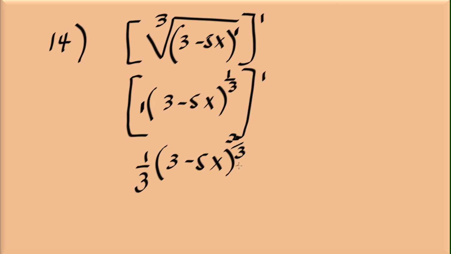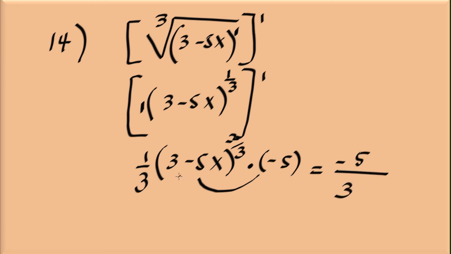But chain rule says do one extra step, which is multiplying this by the derivative of that 3 minus 5x, which is negative 5. And then just simplify. That's negative 5 over 3.